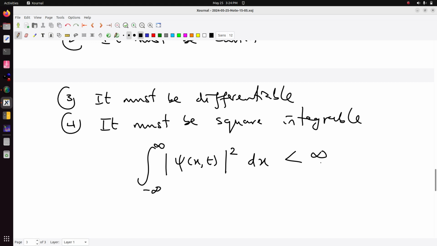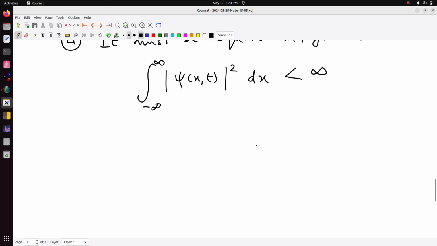If you integrate the modulo square of the wave function and it is equal to infinity, it means it is not square integrable. If it's less than infinity, then it is square integrable. So let me use this simple example to illustrate that.